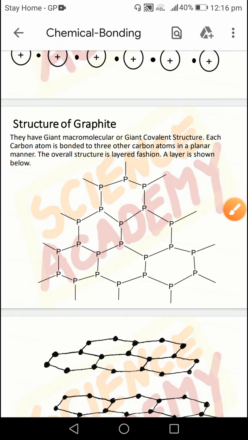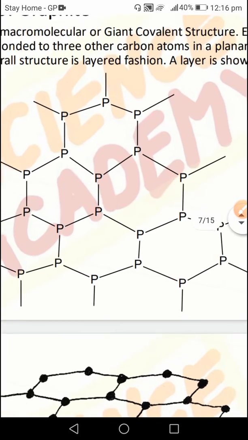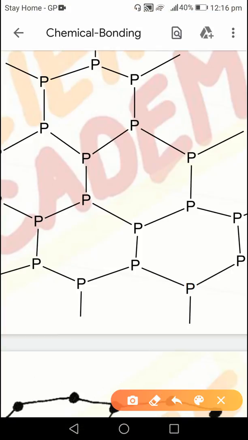Okay, so look, let me show you over here. This atom has formed bonds with 3 other atoms, so 1 electron will remain free. On each and every atom 1 electron would be free, which tends to move, and thus they would conduct electricity.